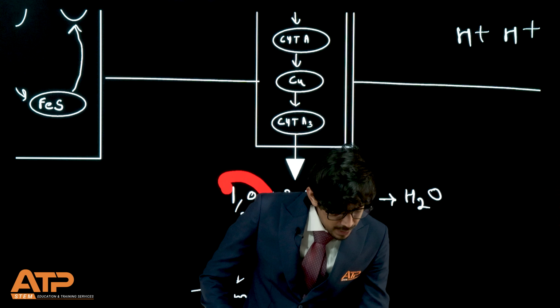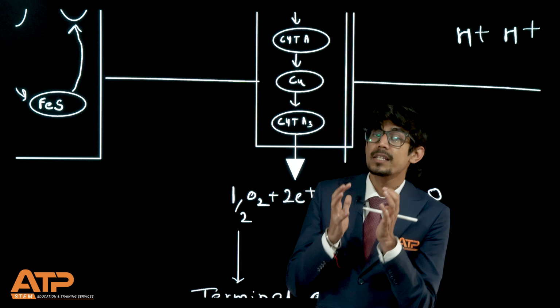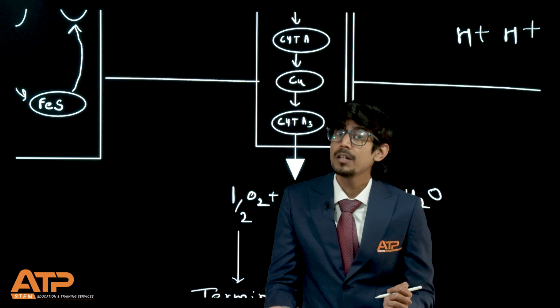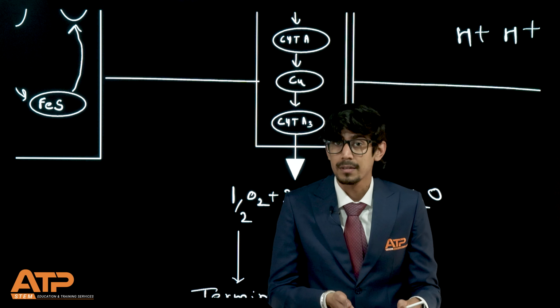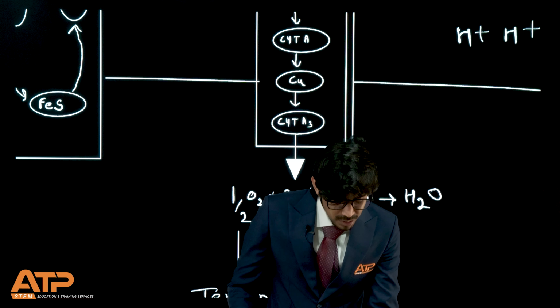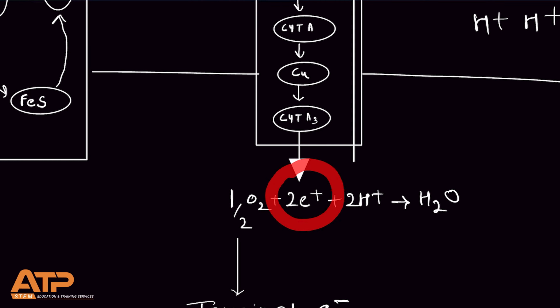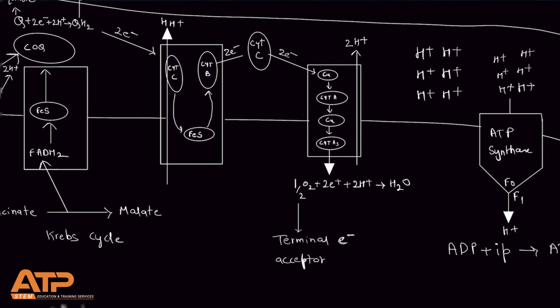So oxygen is the terminal electron acceptor. This is the role of oxygen in aerobic respiration. This is what it does, right? It accepts the terminal electrons.